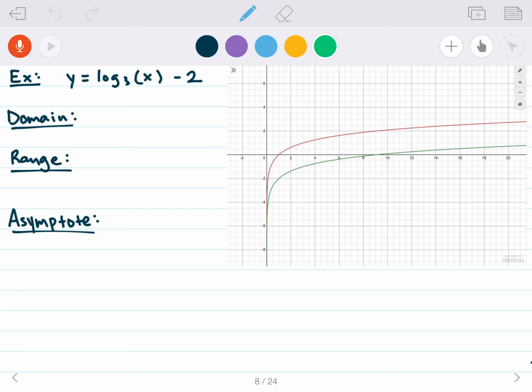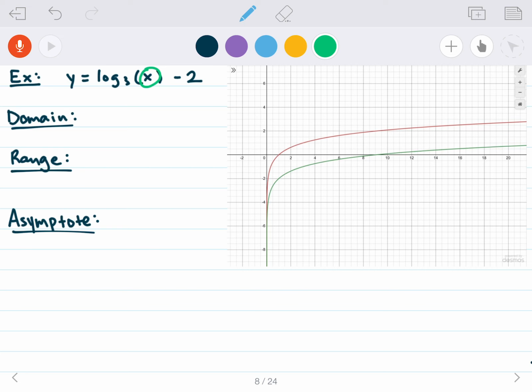Let's do an example with logs. Okay, so first of all, let's look at this picture and figure out what the asymptote is. The asymptote, well, it's always going to be where the argument is equal to 0.